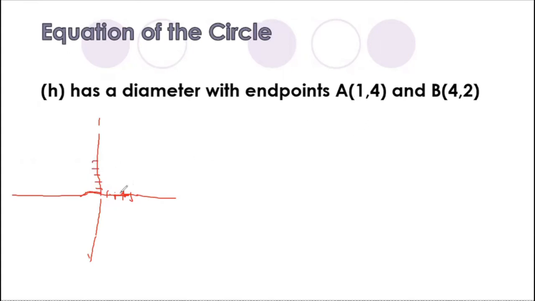So, point A, 1, 4. Andito ang ating point A. Then, ang ating B naman ay 4, 2. Andito ngayon yung ating point B. Ganyan lang yung ating given.